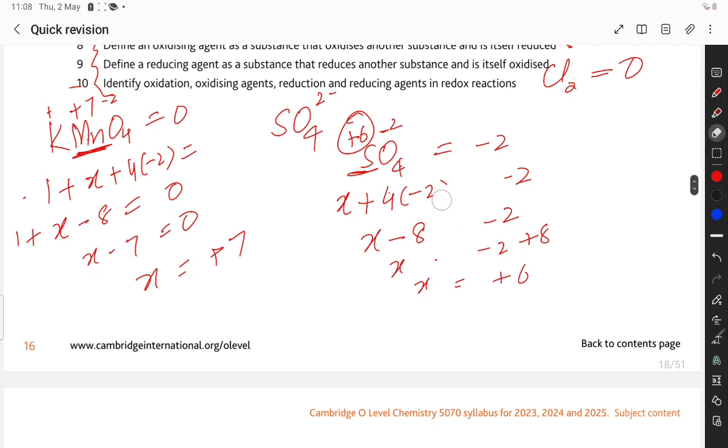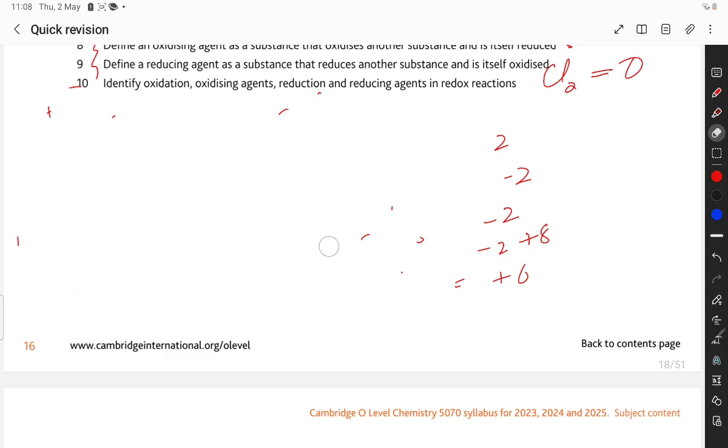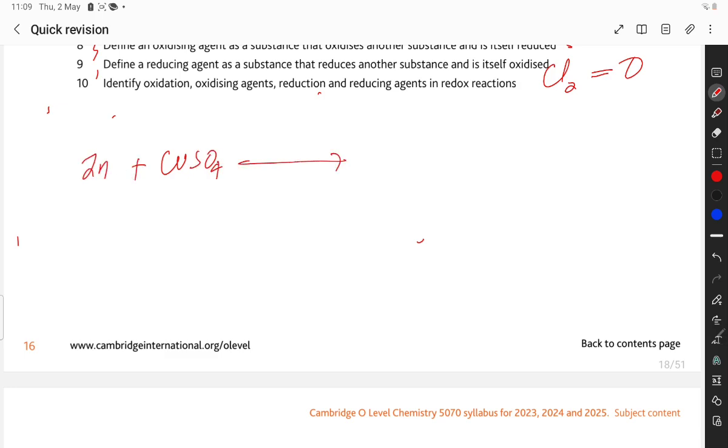For example, this is the reaction: zinc solid plus CuSO4 aqueous gives zinc sulfate plus Cu solid.